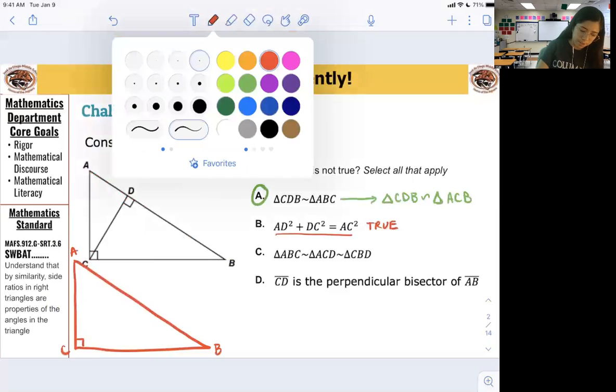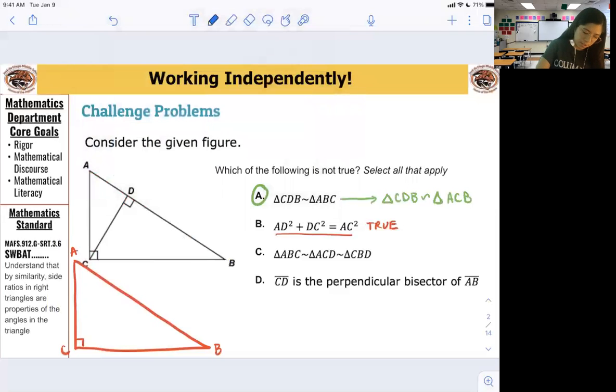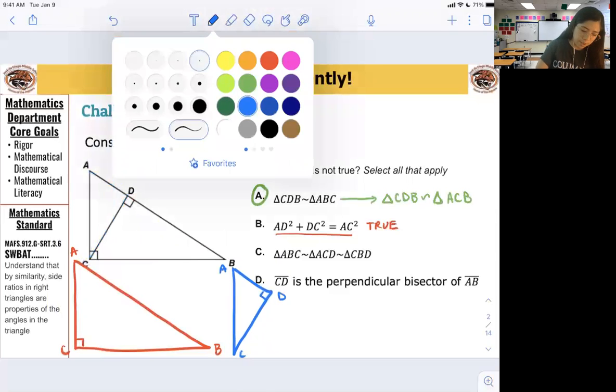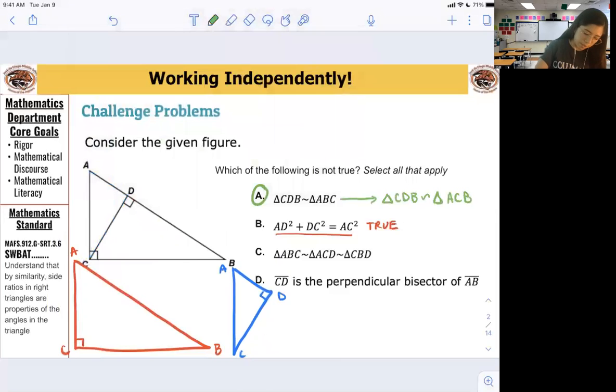They're telling us that it is similar to ACD, A, C, D. And they're saying that that is similar to CBD. Do they have it in the correct order?